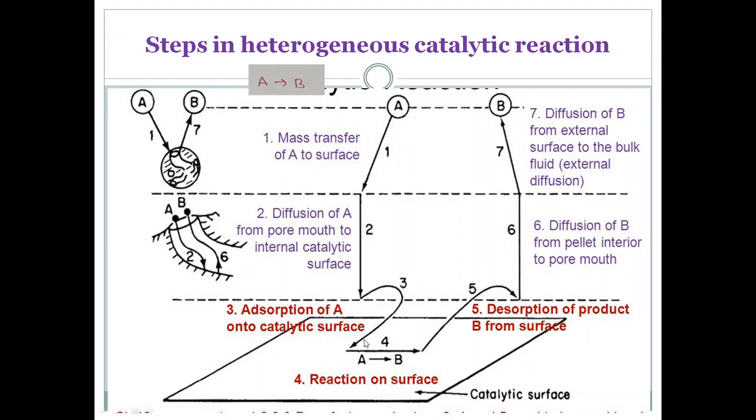Among them, they told that the surface reaction is very fast. If this reaction is very fast, that means whenever A reaches this surface, immediately it will be consumed, isn't it? And the rate will be determined by the diffusion, either external or internal diffusion.